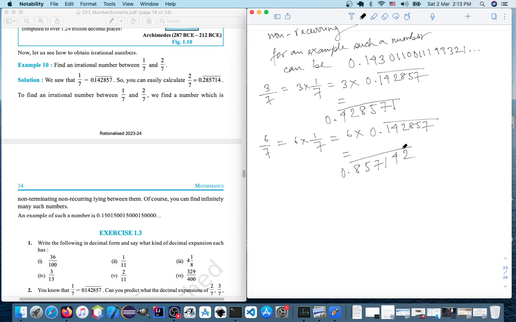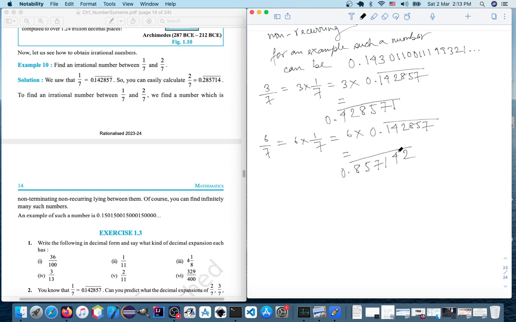You can also verify by doing the long division of 6 by 7. I leave this as an exercise for you. Please check it out; then only you will be convinced.